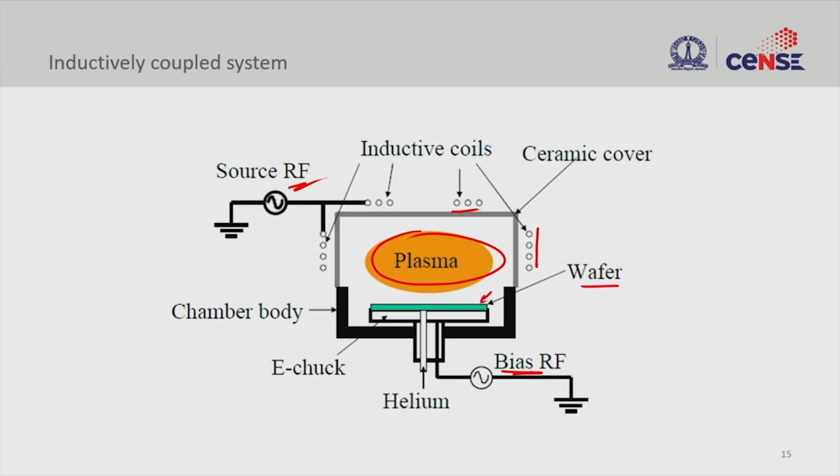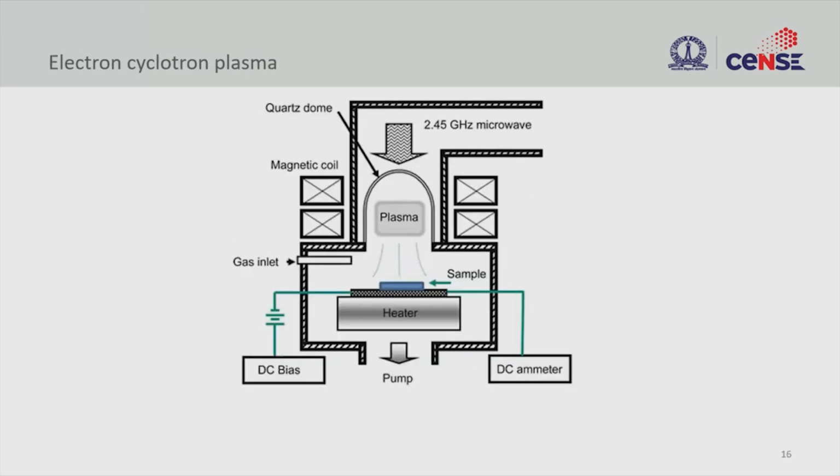This is normally an electrostatic chuck, right? It pulls the wafer inside, and the chamber body is also grounded. So the chamber body also acts as another electrode here. If you look at the parallel plate configuration, this might look like a triode-like system. The only thing is the source here is inductively coupled, unlike the other configuration where it is capacitively coupled.